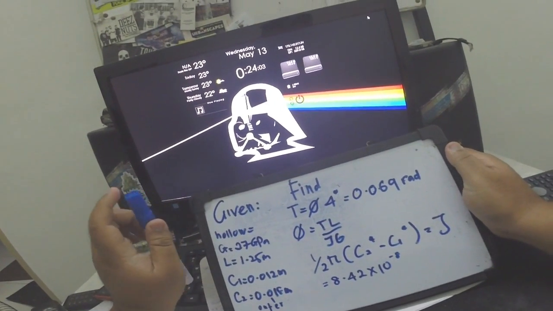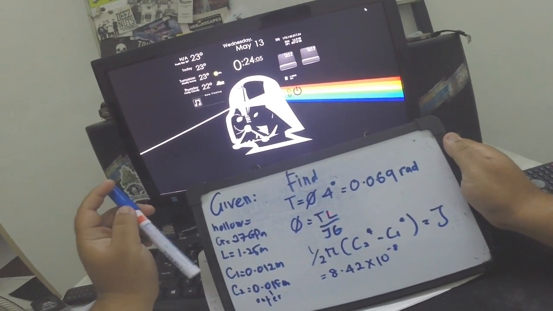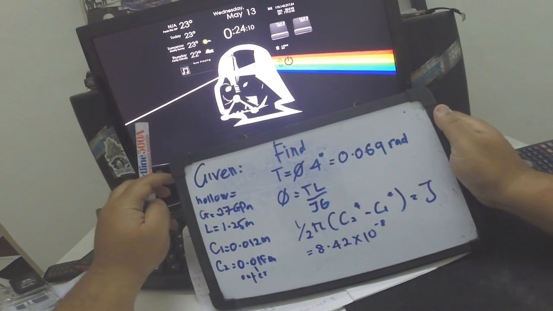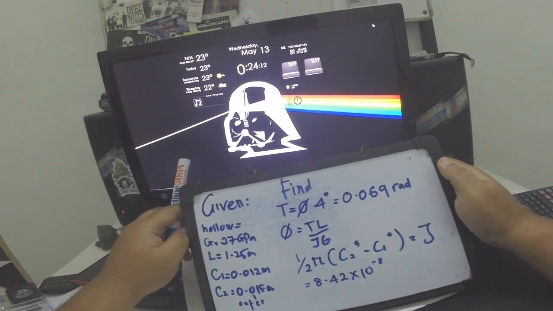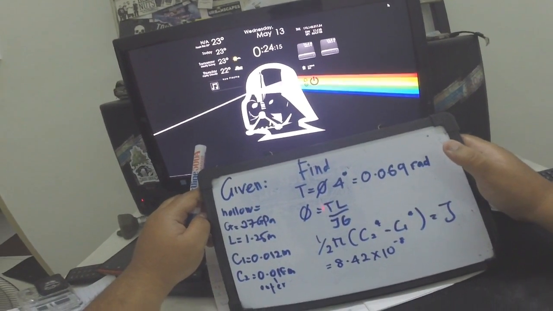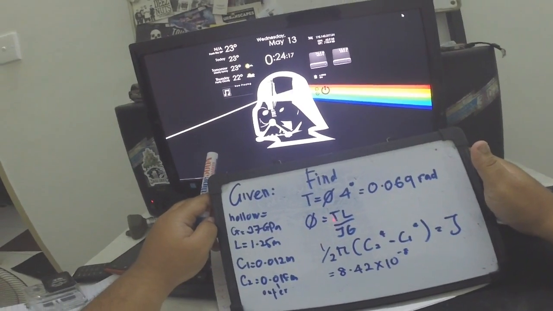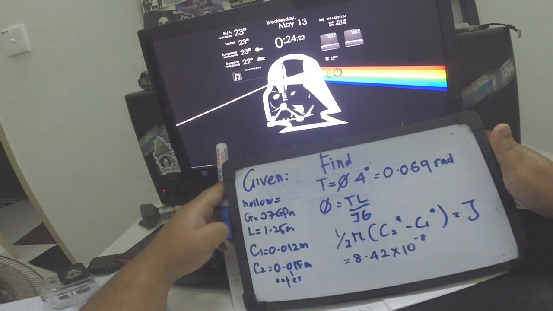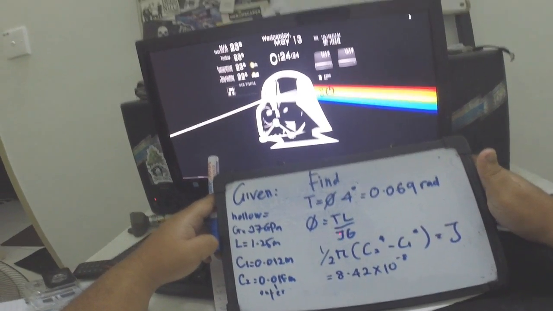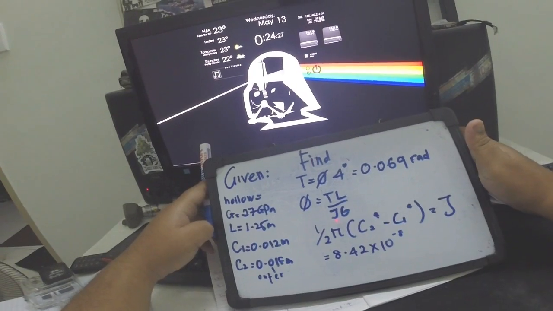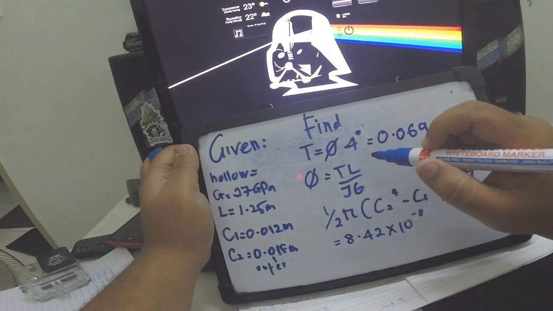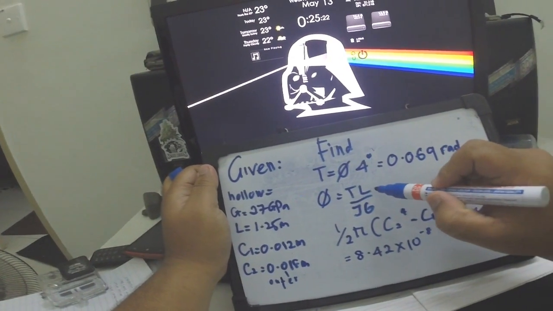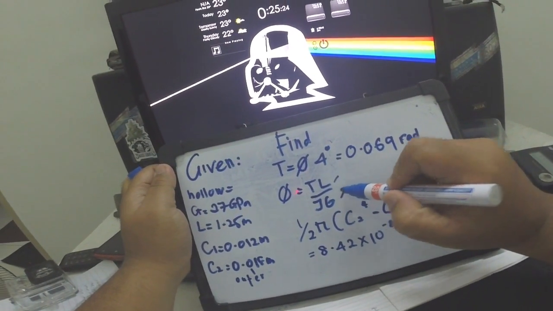First we must convert the 4 degrees to radian, and we get 0.069. After we convert, we must insert all the information into the formula of the angle of twist, which is equal to TL over JG. As the information given, L is given and G is given.